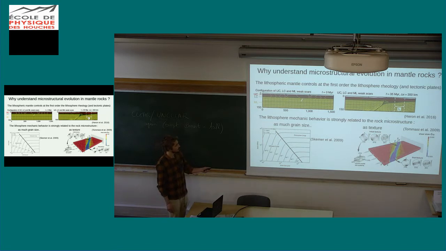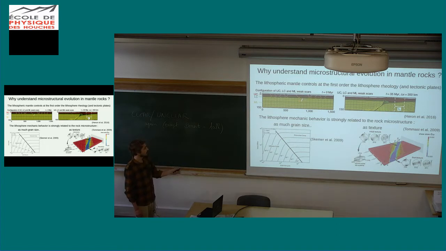And after the deformation of the model, you can see that the main deformation is located at the place where the mantle lithospheric scars were. So this illustrates that the part of the lithospheric mantle controls the mechanical behavior at the first order of the lithosphere.